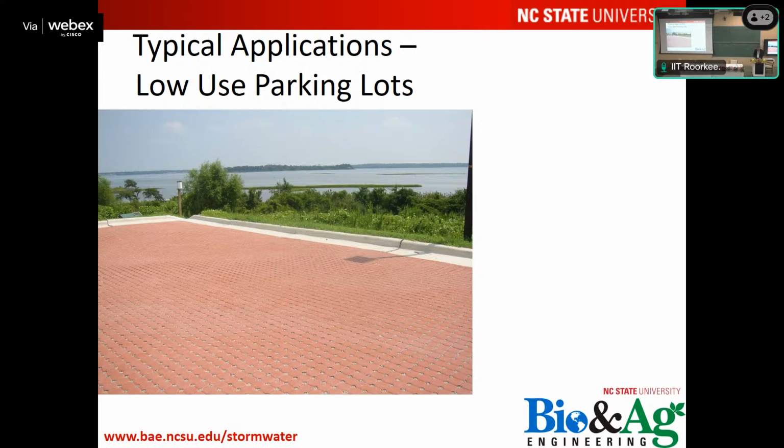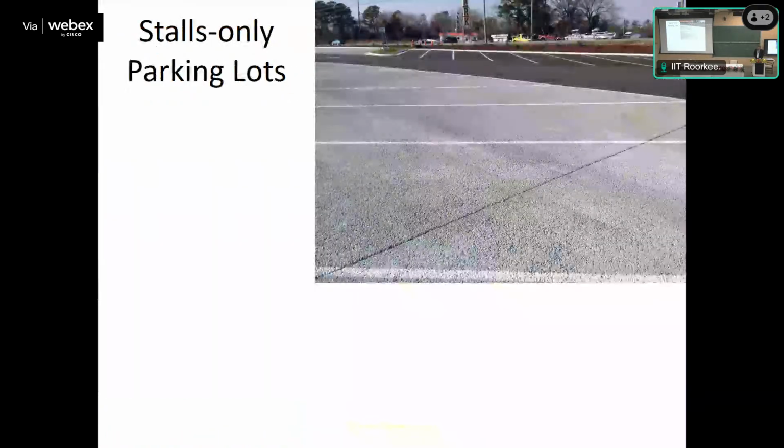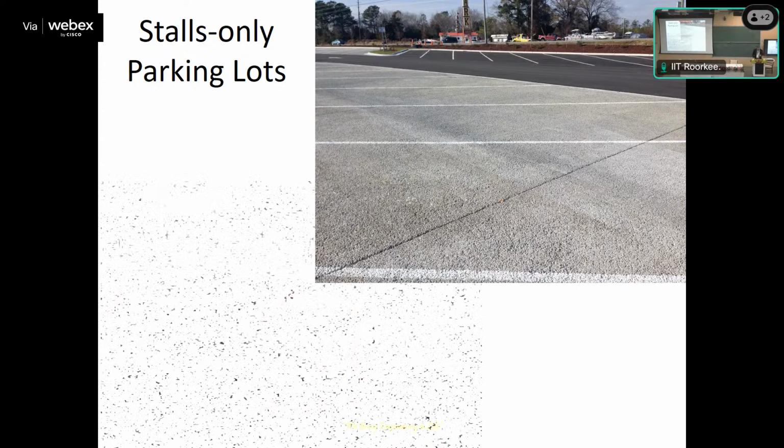That's a good example. Here's one, pervious concrete, PICP, going on. And then there's where the traffic loads are higher, maybe, but people will just park. The main driving lanes will be asphalt, but then the side parking will be permeable. In this case, it's permeable concrete, all right?